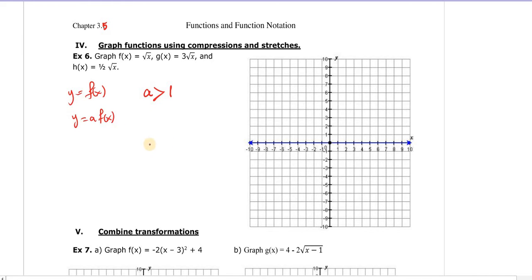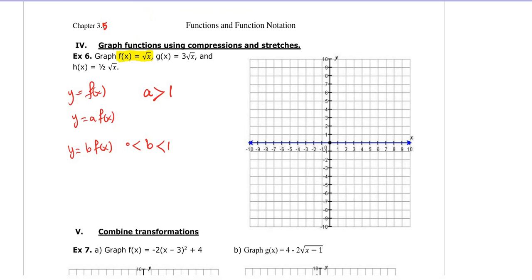If you multiply the function by a value that is positive but less than 1, meaning it's a fraction, you get the function b times f of x, which is going to shrink vertically.